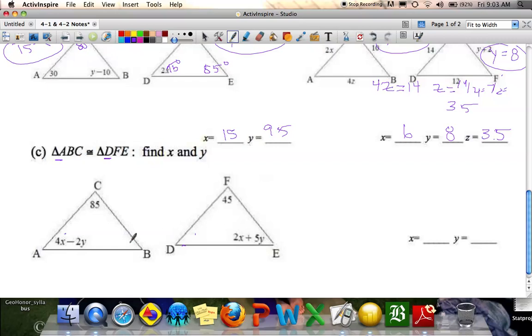Angle B lines up with angle F. Oh, angle F is 45 degrees. See that? Angle C lines up with angle E. So we know 85 equals 2x plus 5y. I'll try to make that a little bit neater for you.